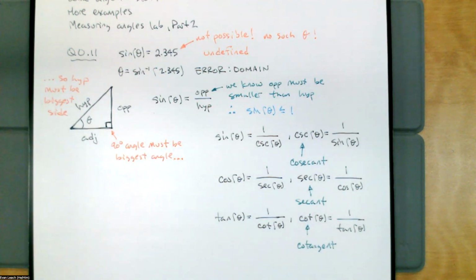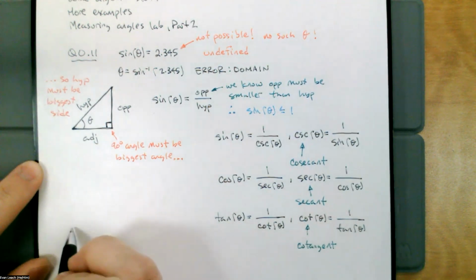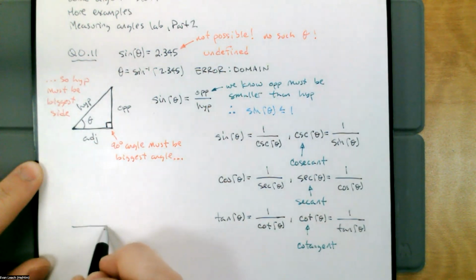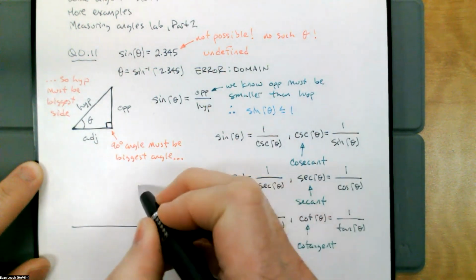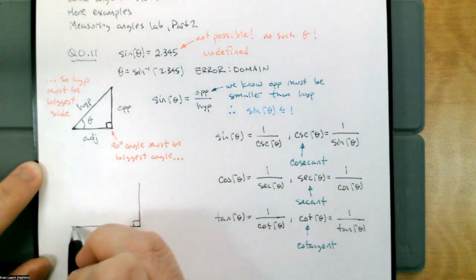So the problem that you're asking about has an expression that says sine of 90 minus theta. Let's talk about that.